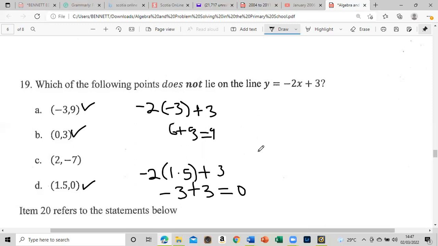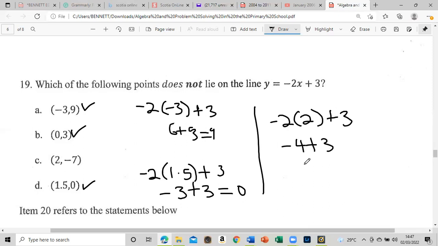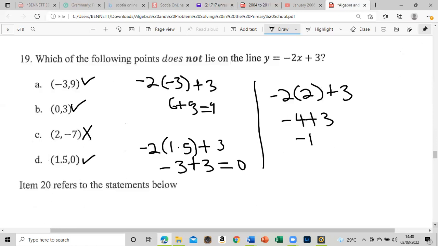So we have -2 times 2 plus 3. You notice we use this for all of them, I just change the x and the y values. So this gives us -4 plus 3, which is equal to -1. So therefore, this does not lie on the graph. I just wanted to show you guys all of it, and just some of it.